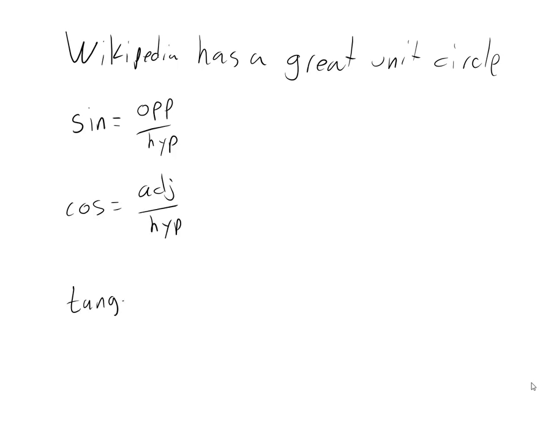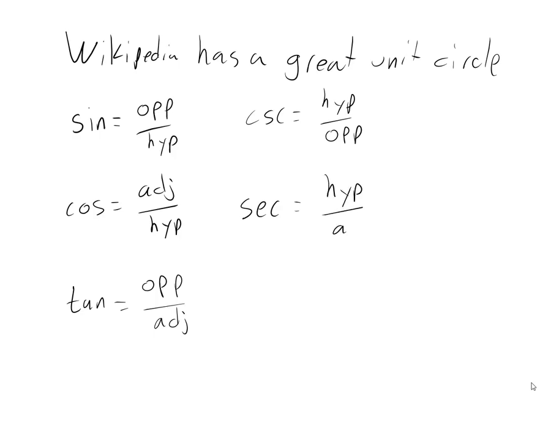Tangent: opposite over adjacent. We have cosecant: hypotenuse over opposite. Secant: hypotenuse over adjacent. And cotangent: adjacent over opposite.